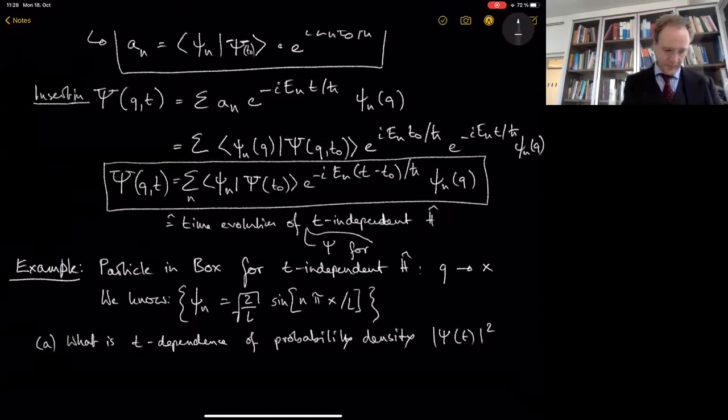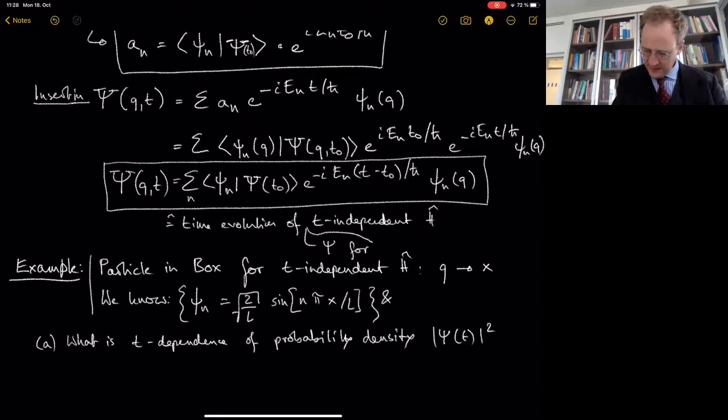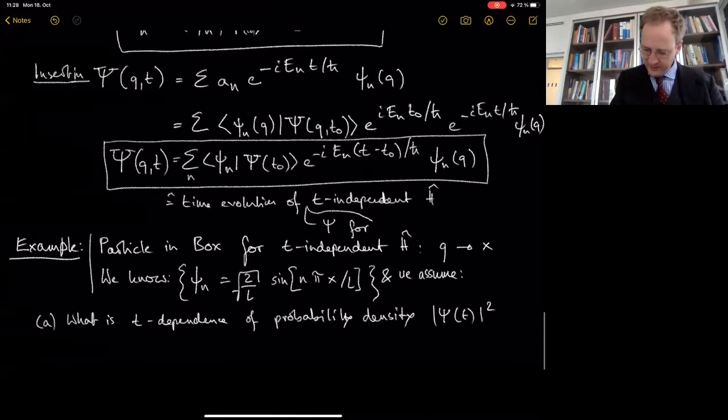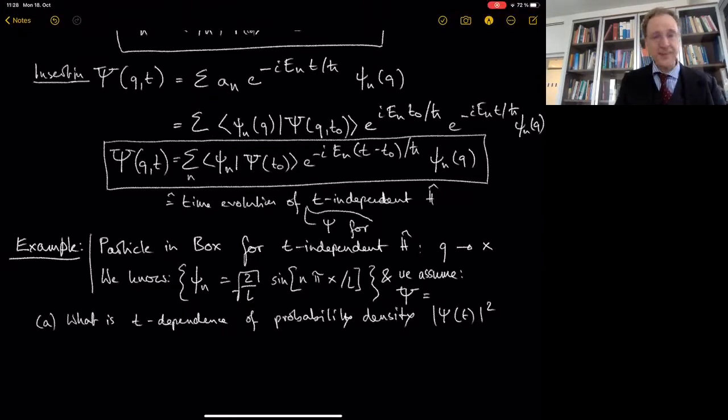Well, before we answer that, we make one more assumption. We assume that our big psi, the full wave function, can be expanded only in two eigenfunctions. In particular, 1 over square root 2 of psi 1 plus 1 over square root 2 of psi 2.